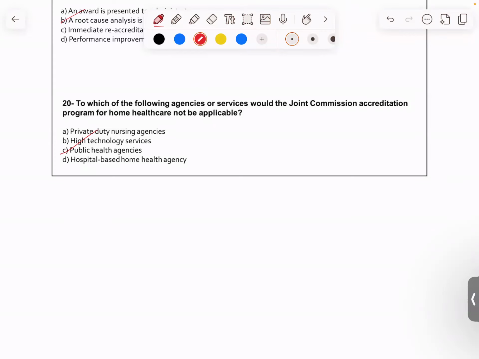Which of the following is not covered under JCI home care accreditation standards? The options are hospital-based home care services, rehabilitation technology services, and private nursing agencies. The correct answer here is letter C, which is not included in the home care accreditation standards.